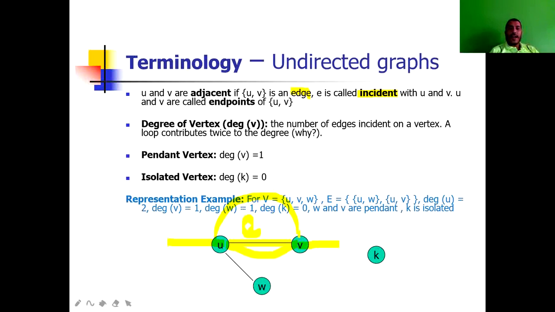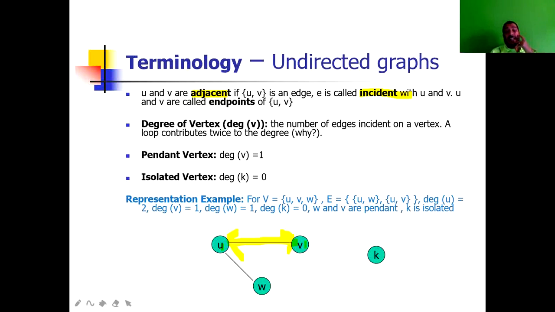These two become adjacent vertices because they are adjacent to each other, and they become adjacent only because of the incident edge that falls on both u and v. That is how we have to define adjacent and incident. We must know this because later on we will have mathematical calculations based on this.